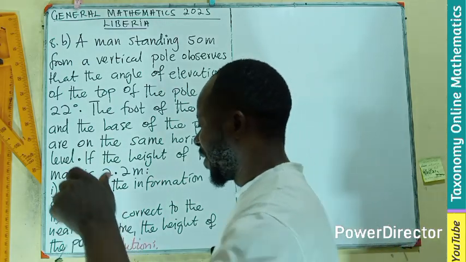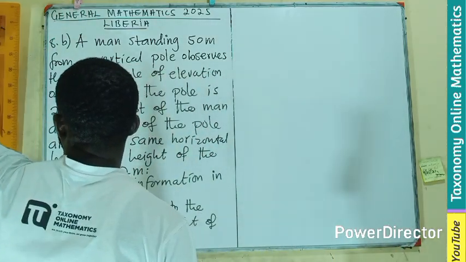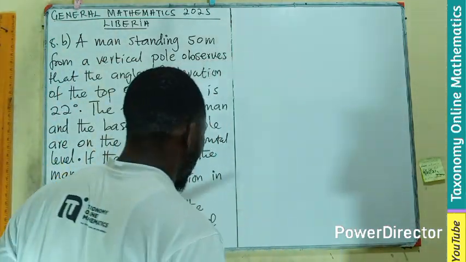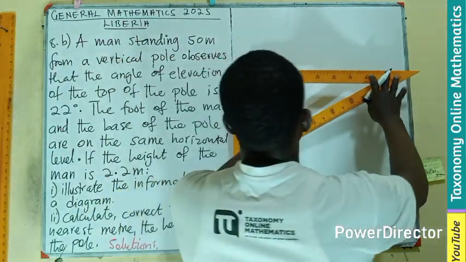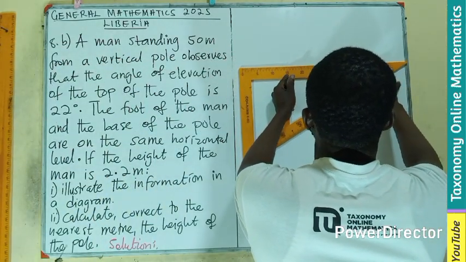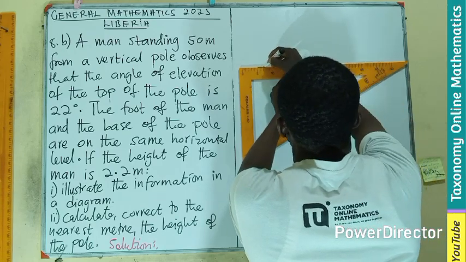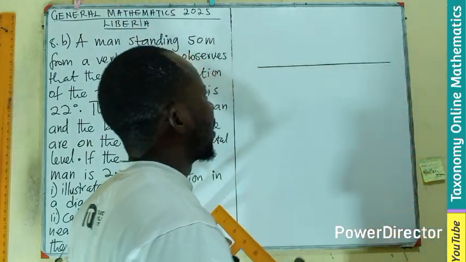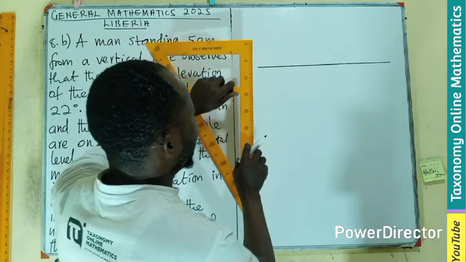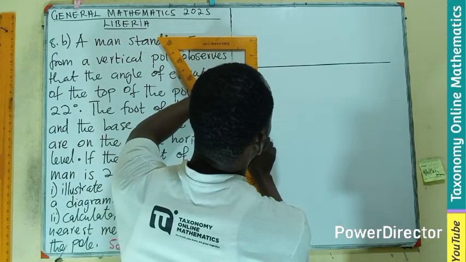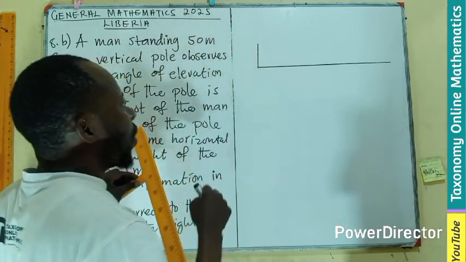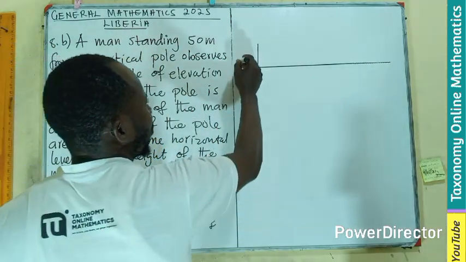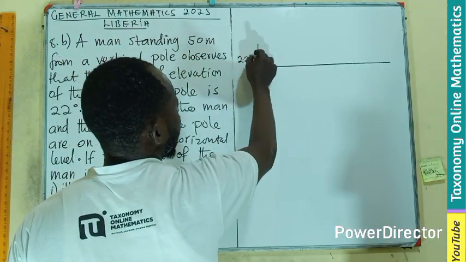So first thing first, let's indicate the position of the pole and that of the man. Let's first pick our horizontal ground. We were told they are on the same horizontal ground. So this is the ground. Then if a man is standing with a height of 2.2, so the man could have the 2.2, not drawn to scale.